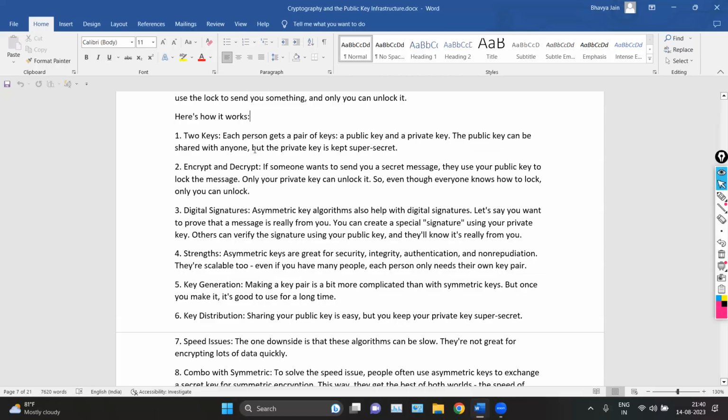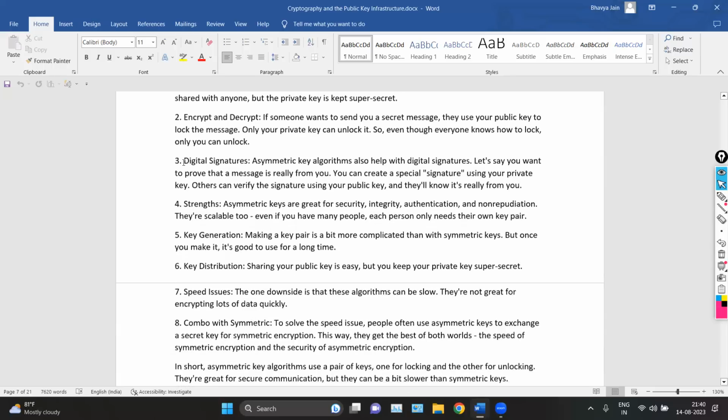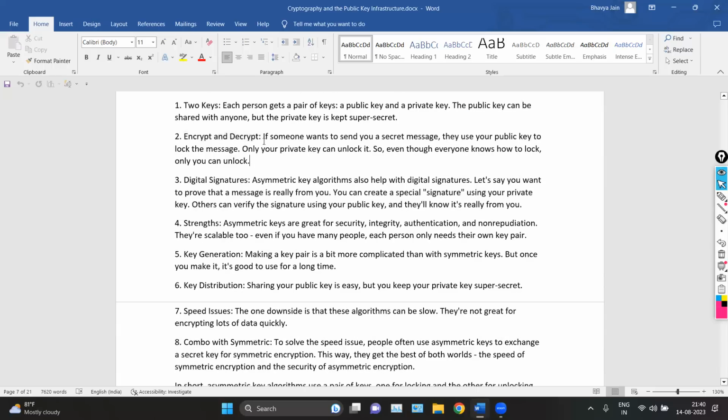So how does it actually work? We have two keys. First, we have the public key, and then we have the private key. A public key can be shared with anyone, and the private key is kept super secret. So for encryption and decryption, if the sender wants to send the message to the receiver, the sender locks or encrypts the message with the receiver's public key, and the receiver can only decrypt the message with its own private key.